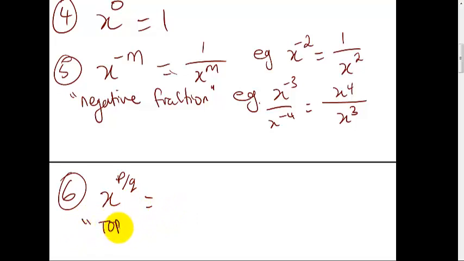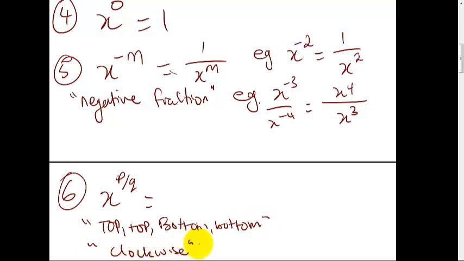It's either top, bottom, or it's in a clockwise direction. So, it's going to be a root. That's something we need to understand. Okay, it's going to be a root. Just accept it. Now, the P, you see it's on the top? There's my x inside. P is going to be on the top. It's an index, it's on the top, power.